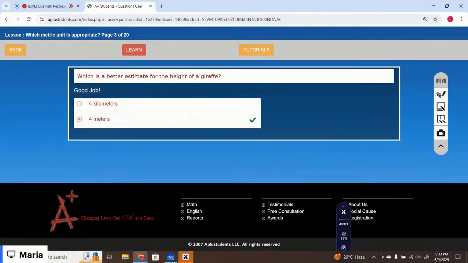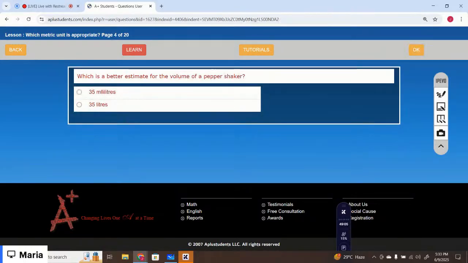Option number two is the correct option. Which is a better estimate for the volume of a paper shaker?